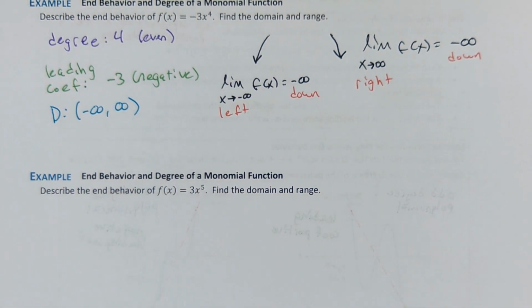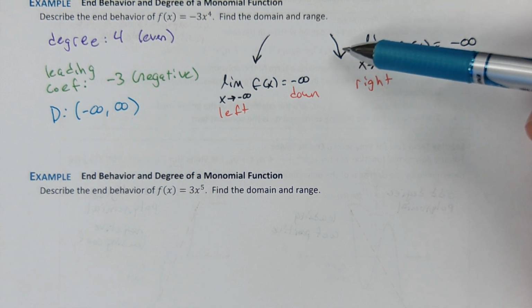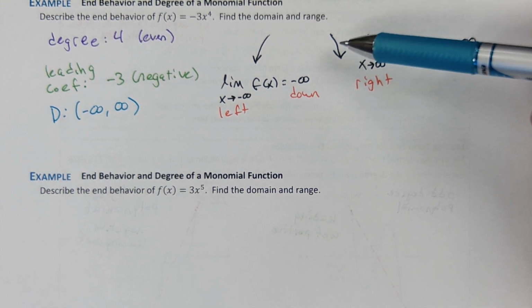But because this graph has both endings pointing down, this graph will have a maximum somewhere in between them. And since it has a maximum, an absolute maximum, the highest possible point it could have, we have a restricted range.